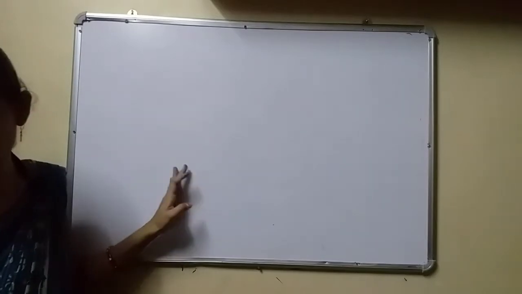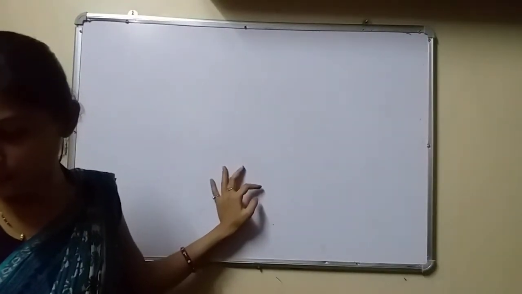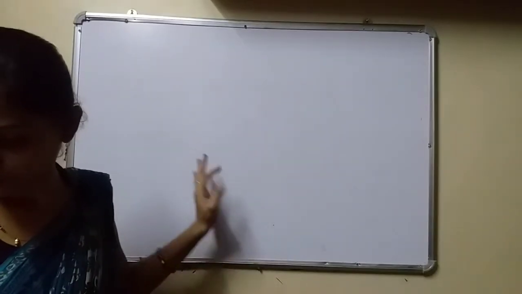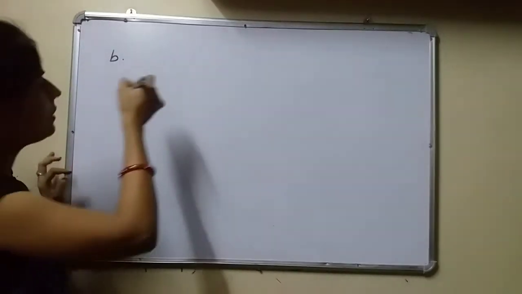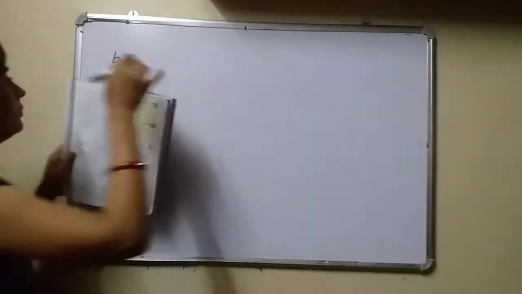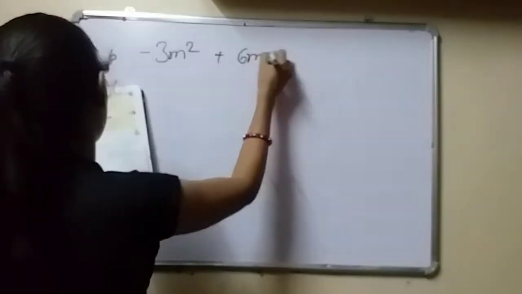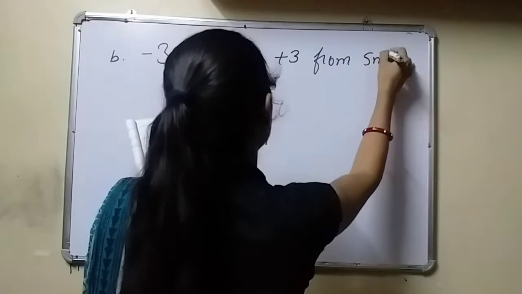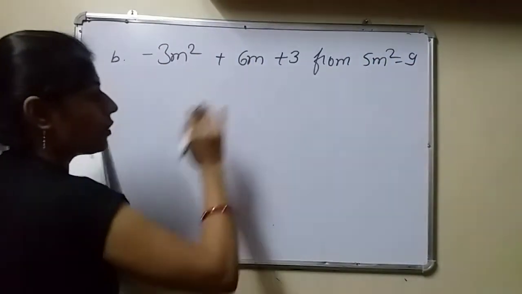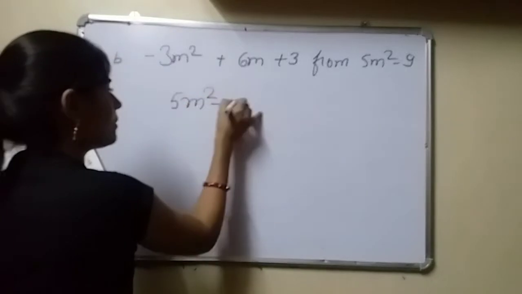Now see question number B, we will solve. Subtract minus 3m square plus 6m plus 3 from 5m square minus 9. First of all you have to write here 5m square minus 9.